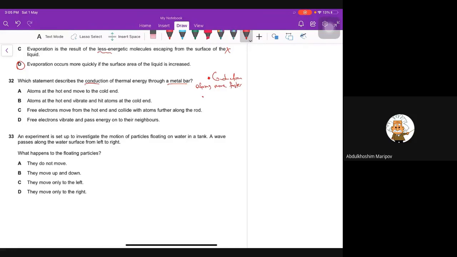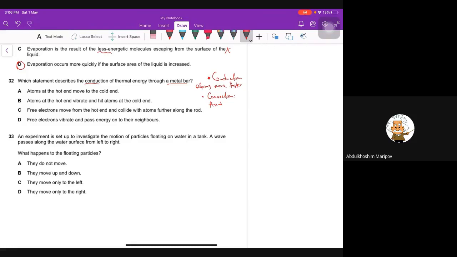When we talk about convection, we are talking about energy transferred by means of fluid, like air molecules. Water can be a liquid as well. So conduction is by solid atoms, and convection is by fluid, like air.